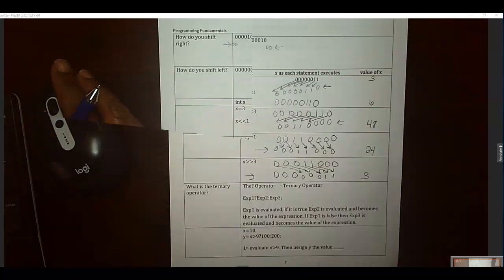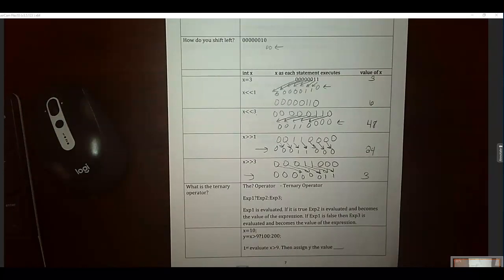All right, now let's talk about the ternary operator. What is a ternary operator? Well, if we break the word down, ter means 3, right? That prefix. So basically, this is an operator that deals with 3 expressions. Based on the evaluation of expression 1, it determines whether you will evaluate expression 2 or expression 3.